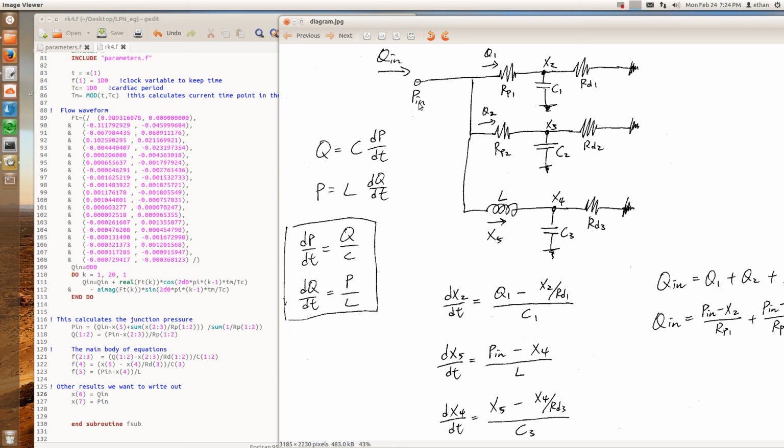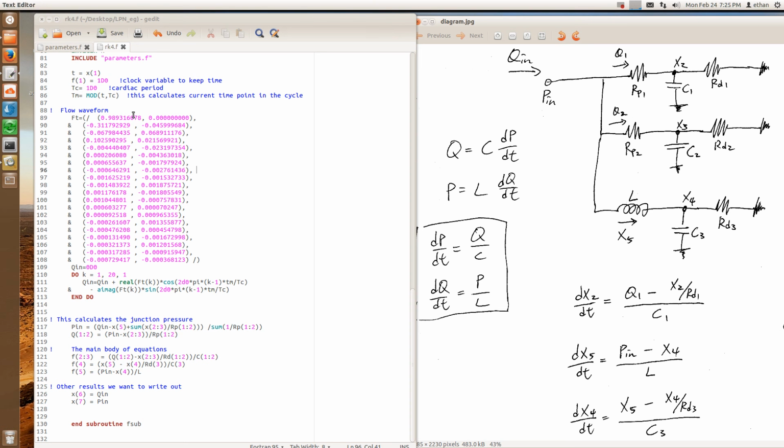Because these equations only tell you what the pressure and the flow are relative to each other at any specific instant in time, this program will step through thousands of steps to do these calculations, so that it will produce results that show you what the waveforms look like in these elements for the pressure and the flow.